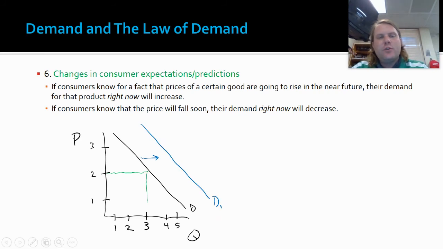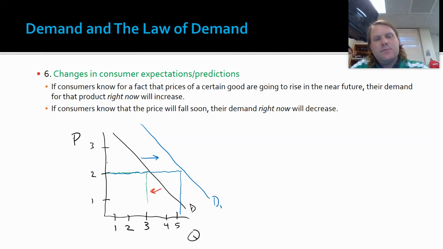So let's increase our demand here and see what happens to how much we demand. If we increase to the right, well, now at $2, let's erase that. At that same price, now I demand 5. Because I make more money, I can afford more stuff, I want to buy more stuff, right? For whatever one of those shifters might get applied. Let's say that I decrease my demand.